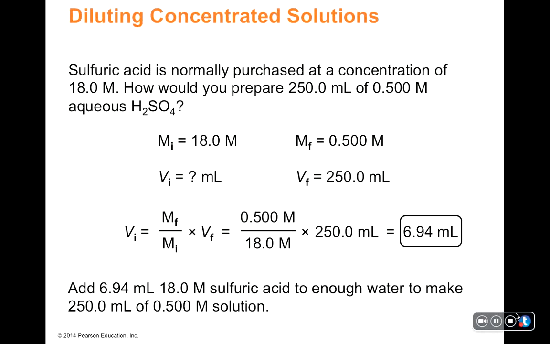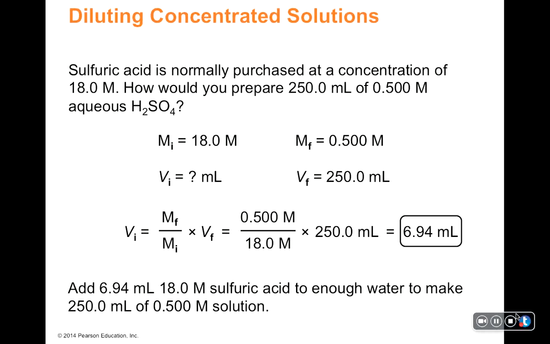So you're looking for an initial volume. What is the volume that you would use of your initial concentration of 18 molar, and then you would just dilute it up to make that 250 milliliters if you were actually preparing this in the lab. So again, you rearrange the formula to solve for initial volume.